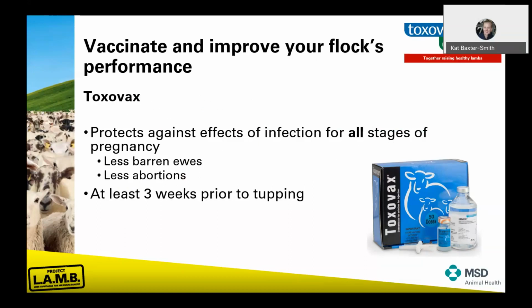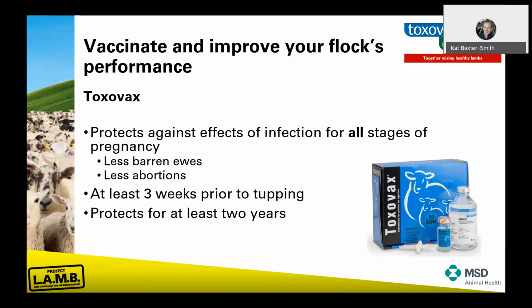If they can give it 2 or 3 months prior to tupping, this lessens the demand on the vaccine manufacturer, and it's easier for farmers to get hold of the vaccine as well, because they're not in that peak demand period. So if they can give the vaccine earlier, it really does help them and us.